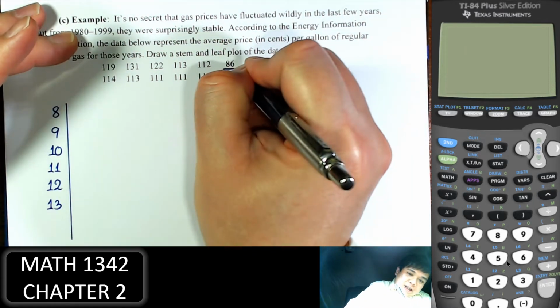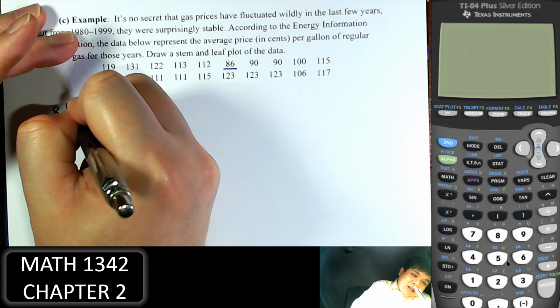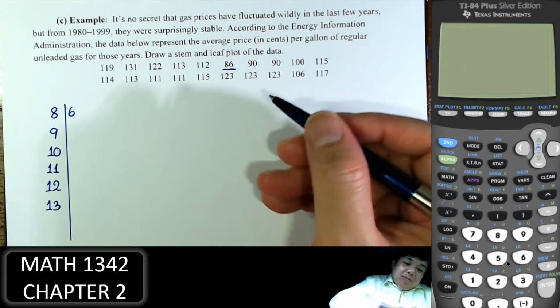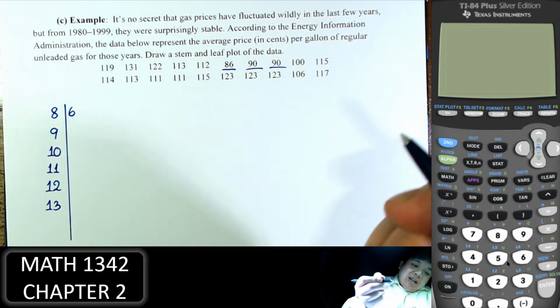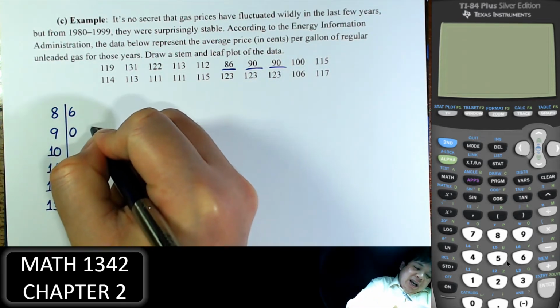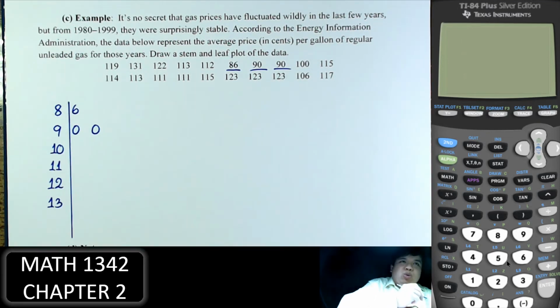So those are the stems. Now the leaves. For 86, we write one number 6 like this. Is there any other in the 80s? No. Next, the 90s: 90 and 90. Just give some space between the numbers.